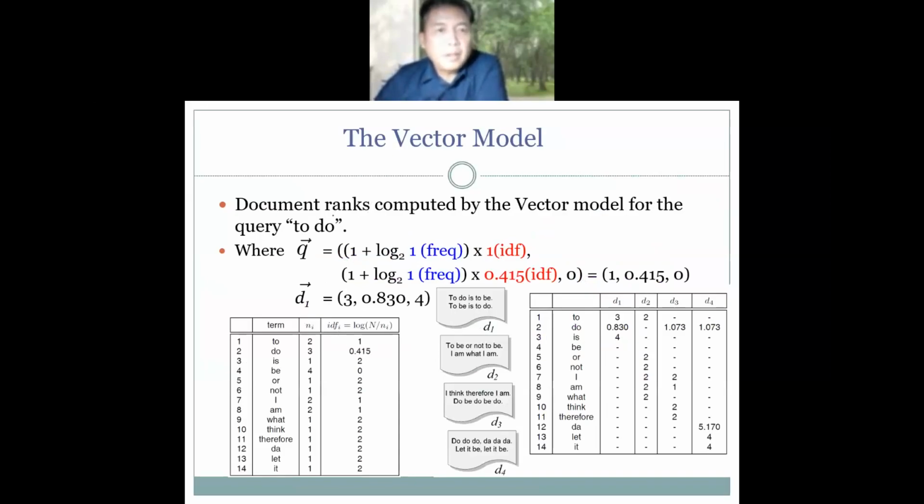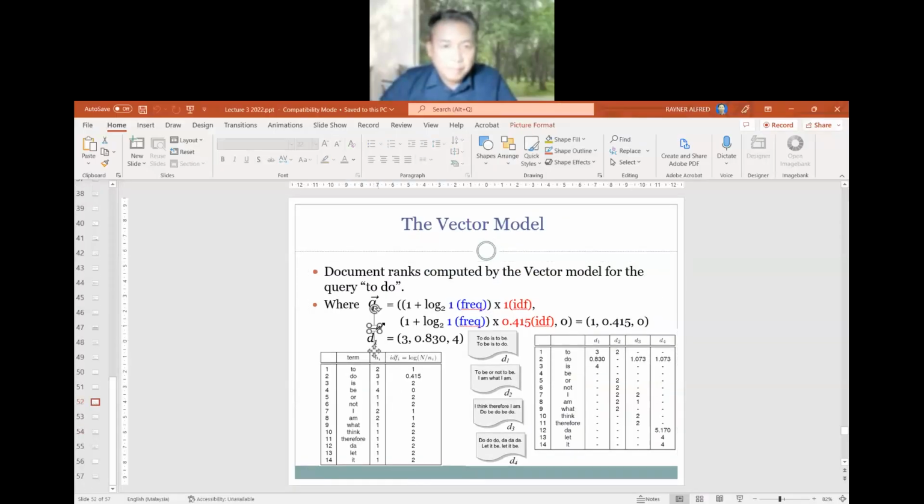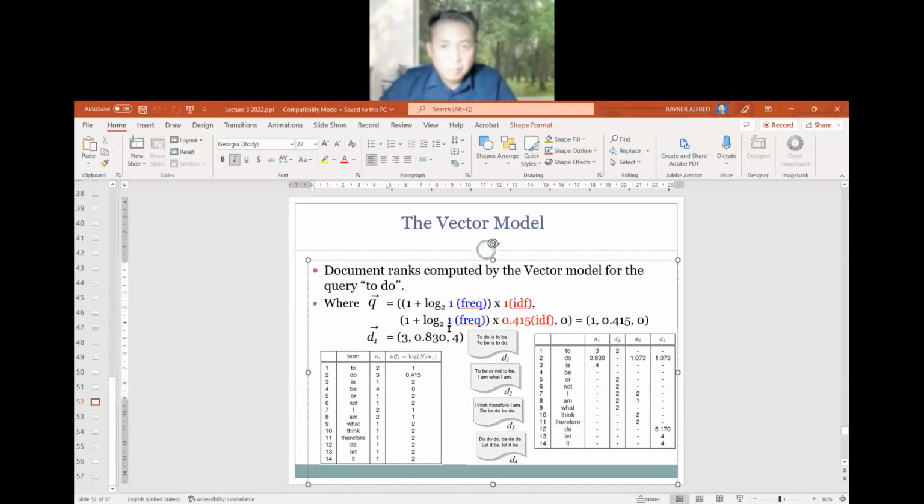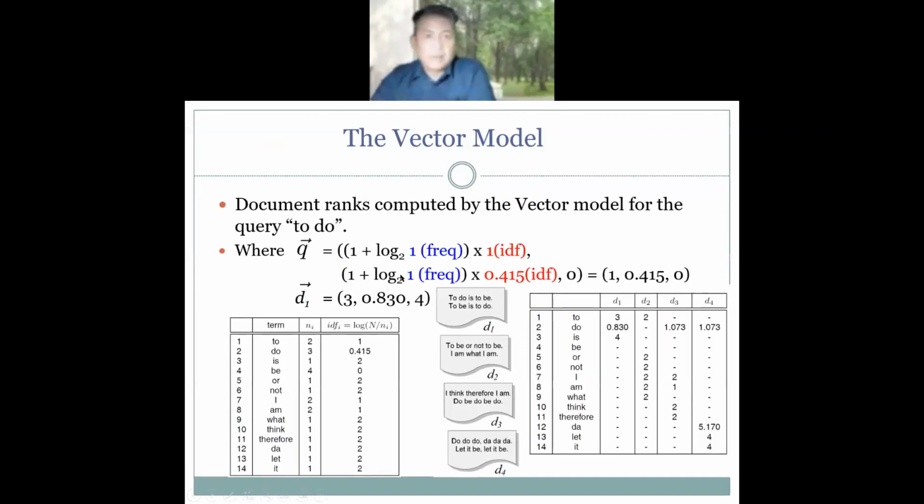Okay, so let me show you how we use that. For example, we have a query here. Our query is "to do".